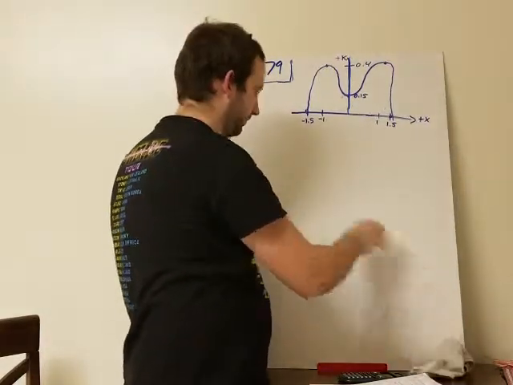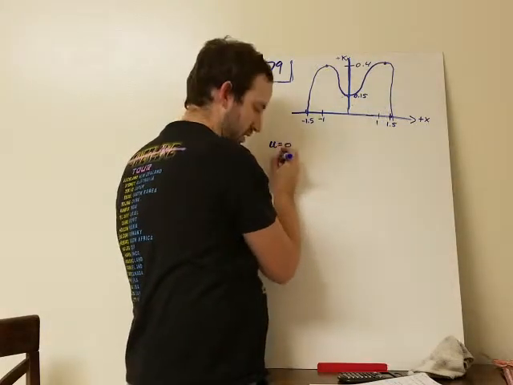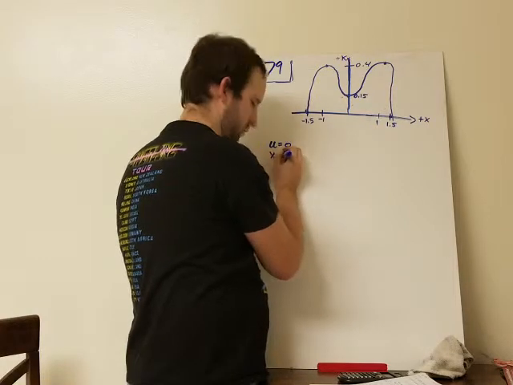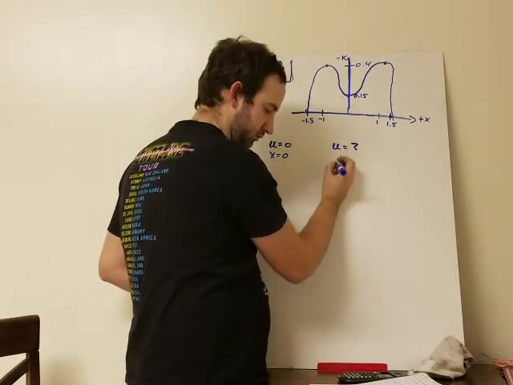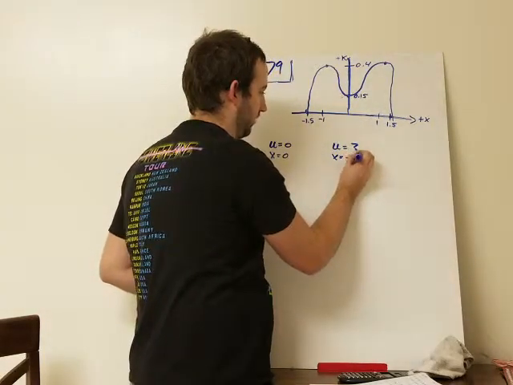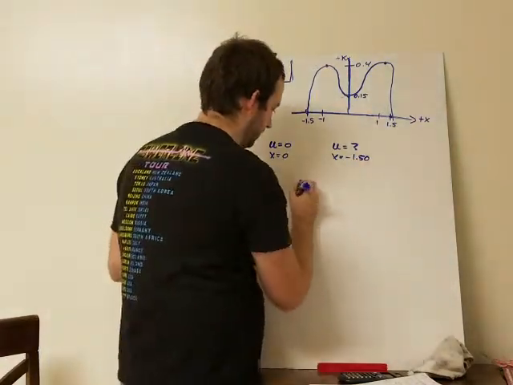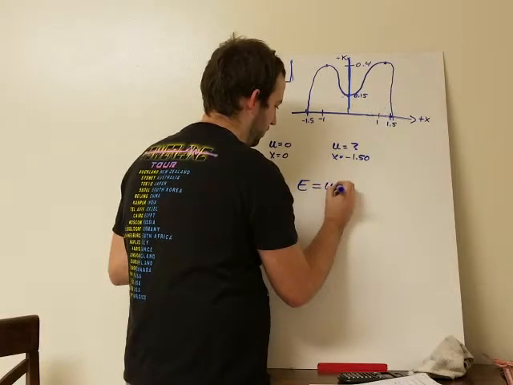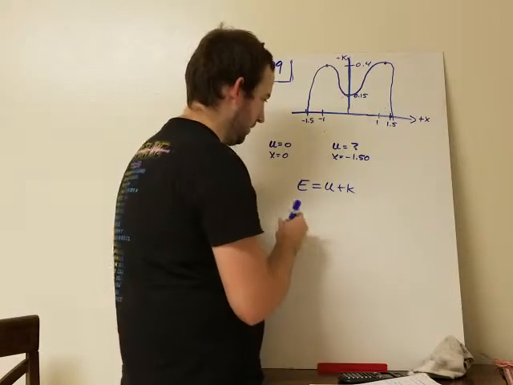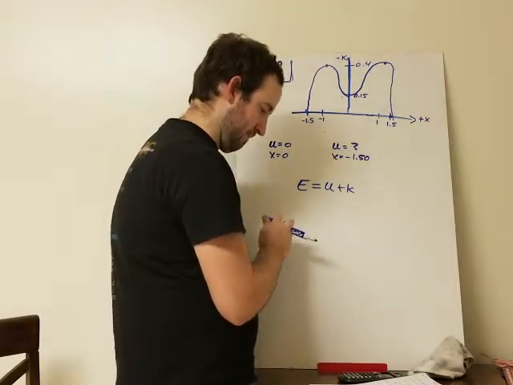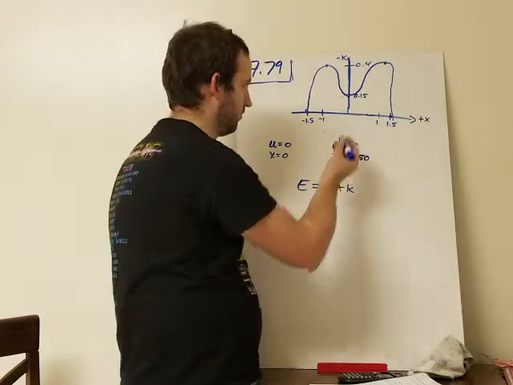Now part B wants to know, if U equals 0 at x equals 0, what is U at x equals negative 1.5. The way we do that is energy equals U plus K. We know the kinetic energy at 0 is going to be about 0.14.